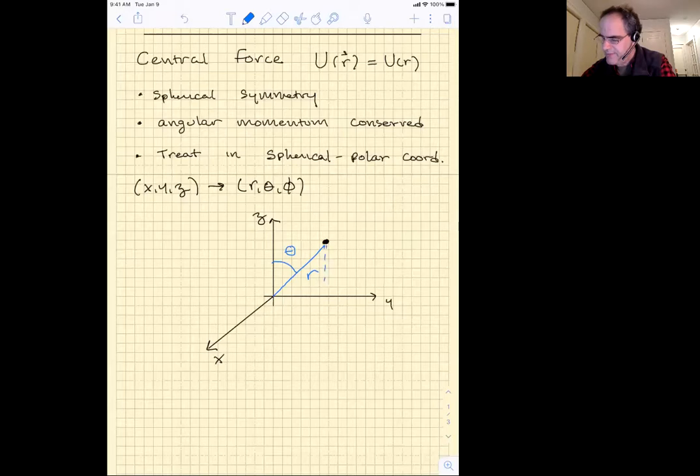And then if we drop a line perpendicular to the xy plane down until it intersects the xy plane, and draw a line out from the origin to that intersection point, the angle that makes with the x-axis is the phi angle. So we have r, the distance to the origin, theta, which is called the polar angle, and phi, which is the tangential angle or azimuthal angle.